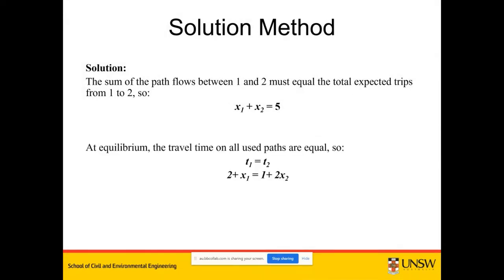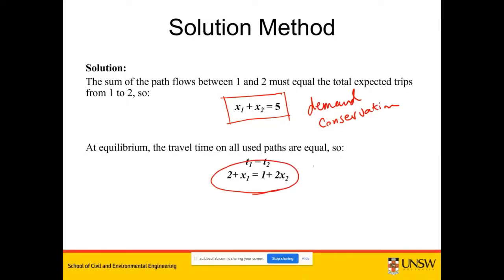So we set the demand conservation equation, and this is the UE principle, which says any used paths between an OD must have equal travel time.